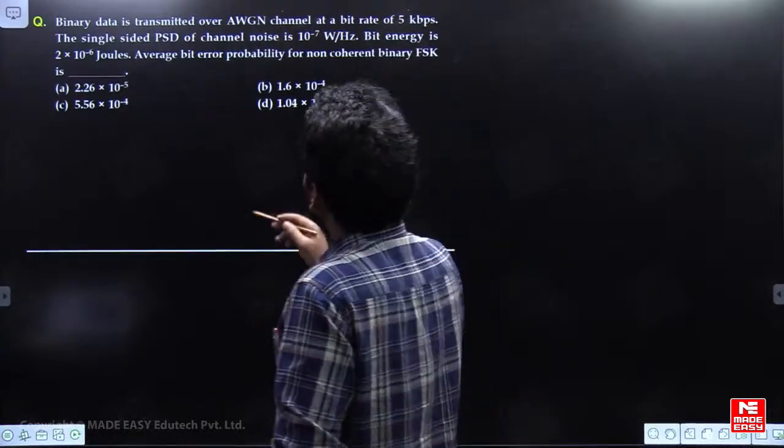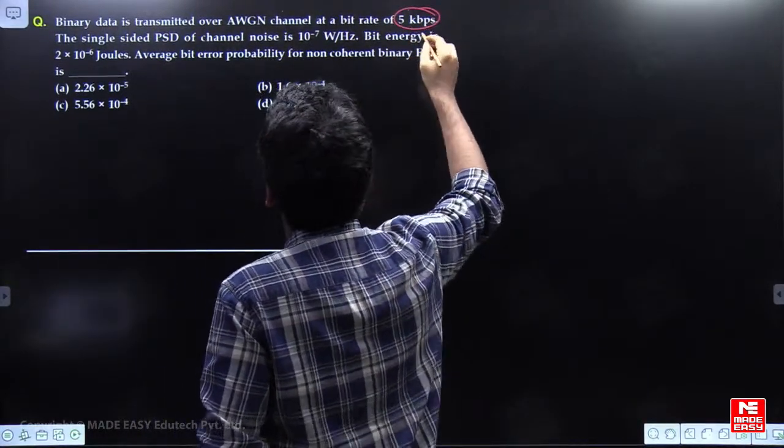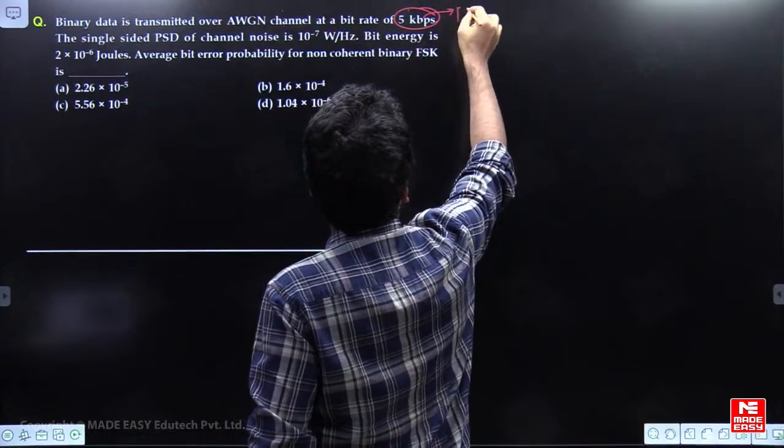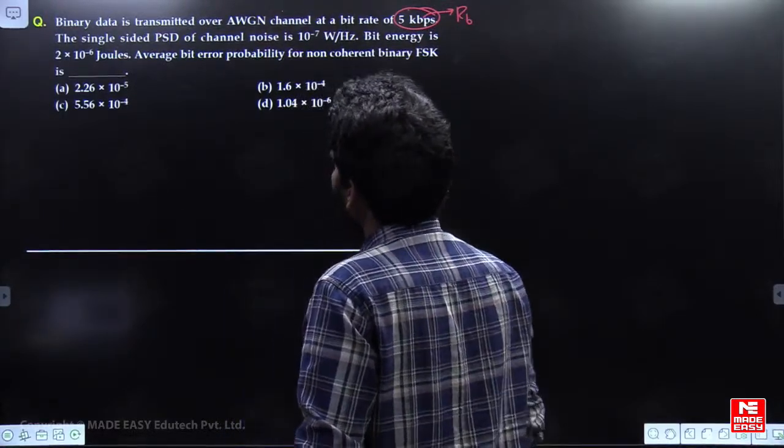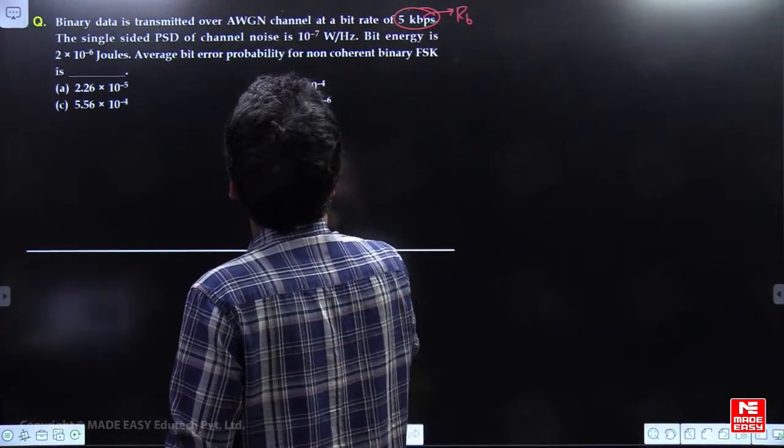The binary data is transmitted over an AWGN channel at the rate of 5 kbps, so the bit rate RB is given. The single-sided PSD of the channel noise is 10 power minus 7 watts per hertz.